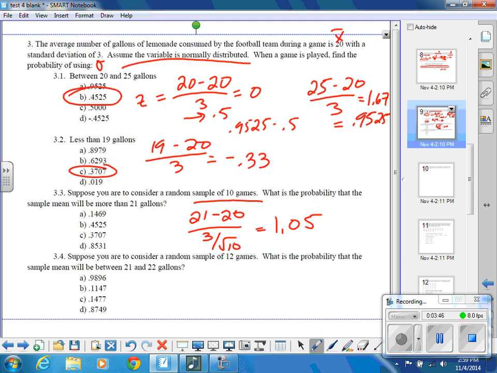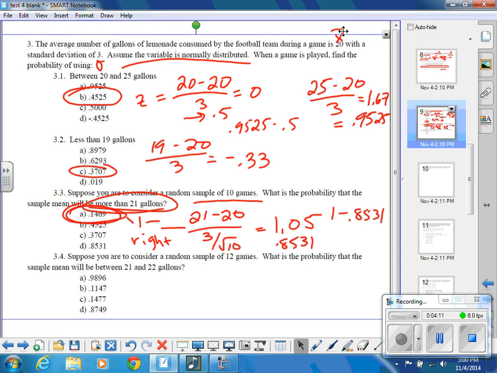Now, it says here more than. I look up 1.05 in the book, and I get 0.8531. That's not the right answer. More than is another way to say 1 minus. It means to the right. Please know that. So I do 1 minus 0.8531. That ends up giving me letter A.